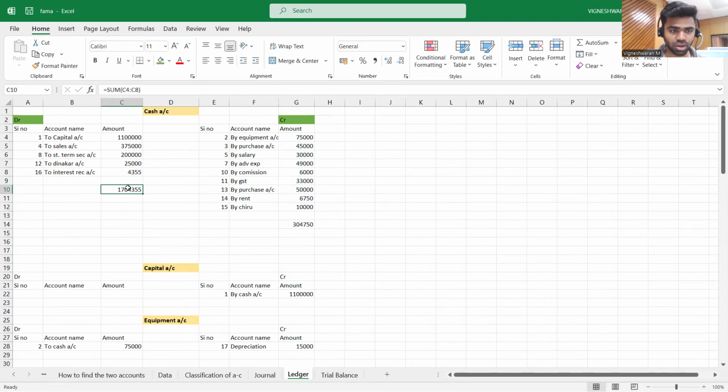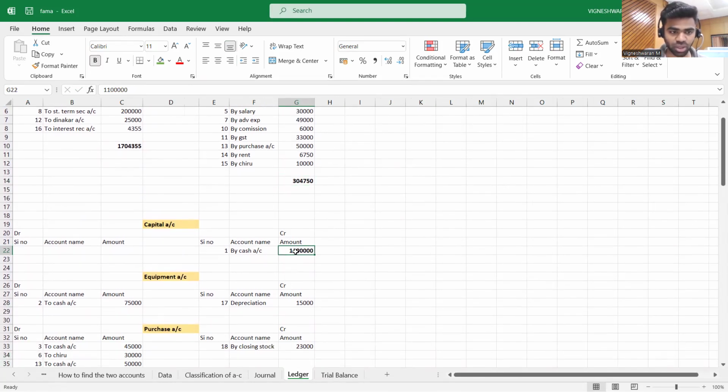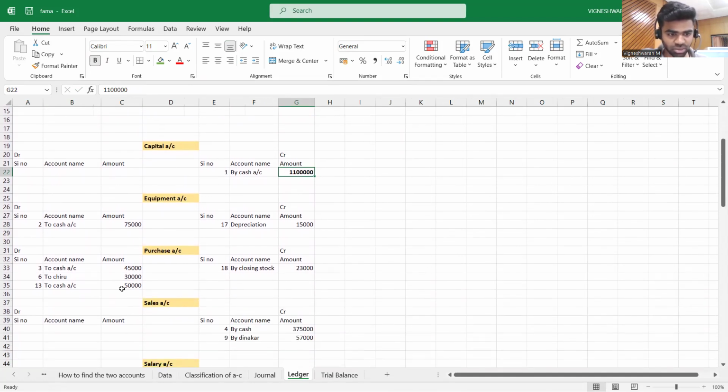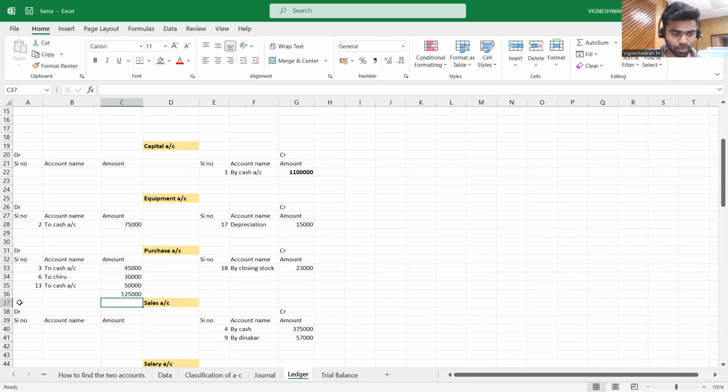Making these values bold. So here only 11 lakhs is there, only one side. Now here two sides' values are there. Here also, I want to sum, so equal to sum these three values. Insert table.